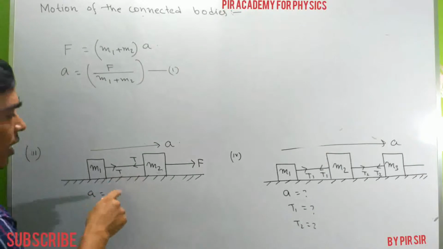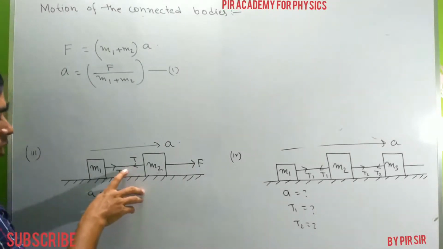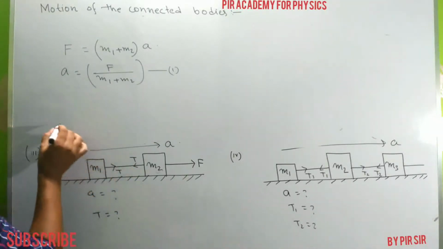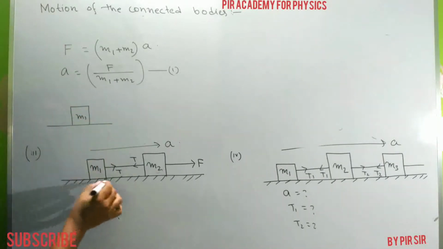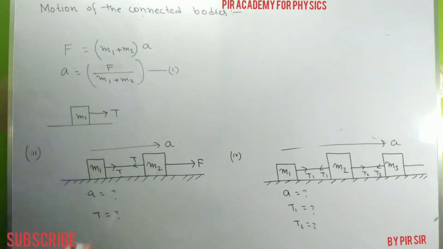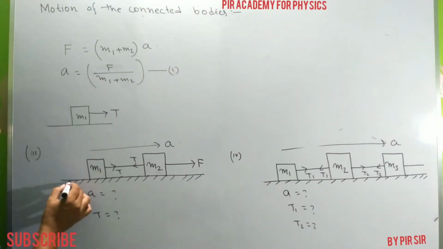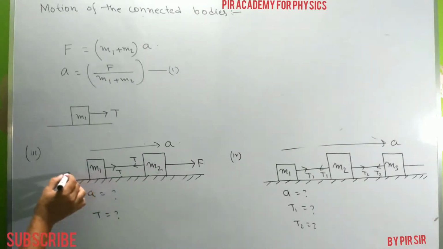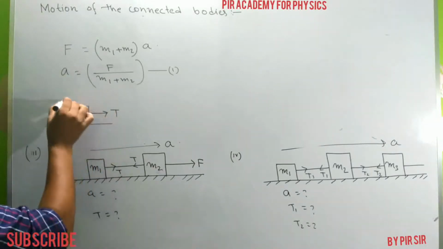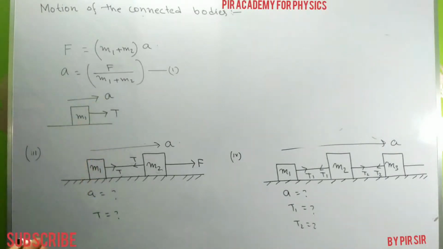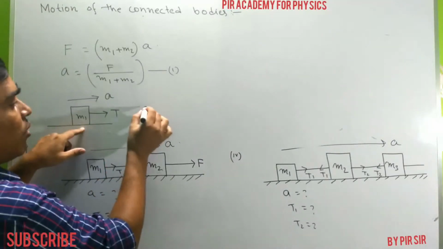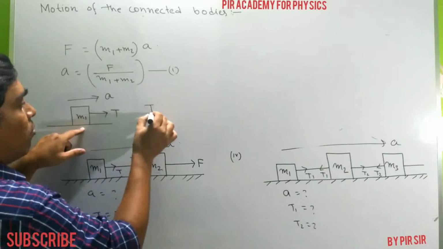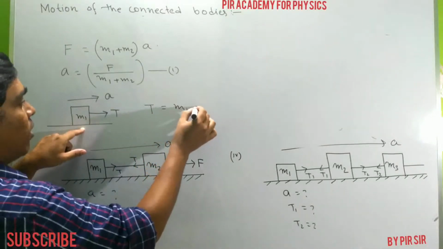Here you have to calculate T. For this T, you draw the mass M1. Only T acts on mass M1 because the plane is frictionless. That's why there is no force along this direction. That means the total system is accelerated by A. For this mass M1, you can write that total force T equals mass into acceleration.